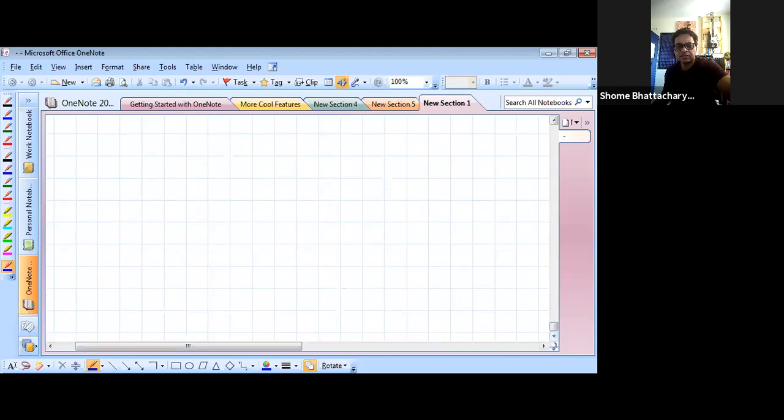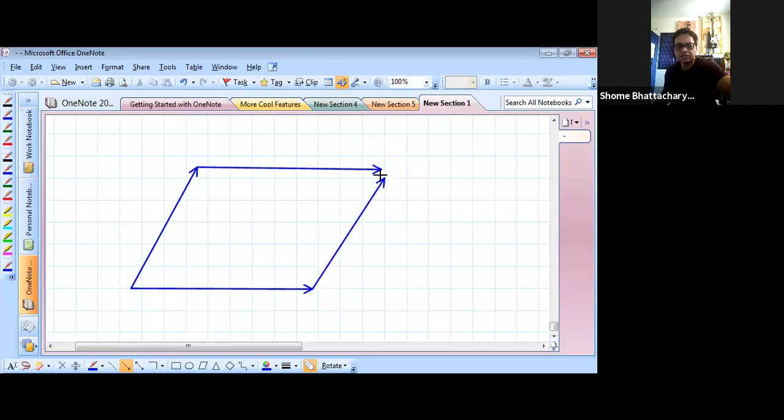So this was the origin from which I've drawn the vectors A and B. This angle is theta. So that means here this angle is also theta.